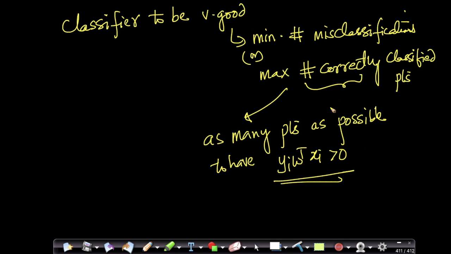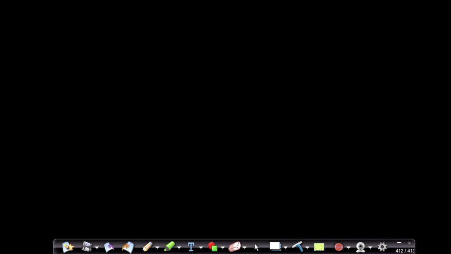That's your whole task. Your task is to find a plane pi, which is nothing but w here, such that you have as many points correctly classified as possible. So let's try to write it in a mathematical formulation. You want to maximize. Imagine I have n data points.